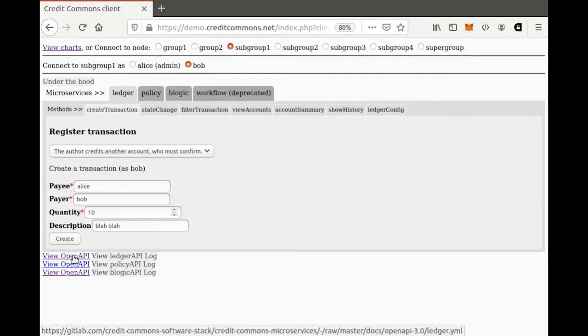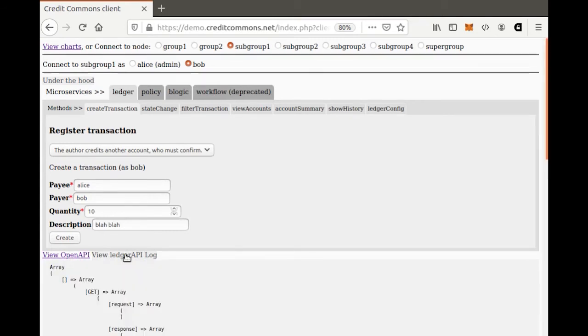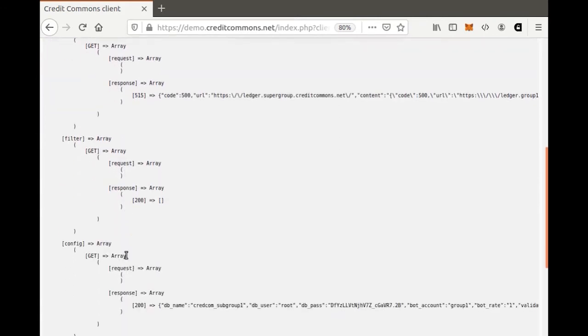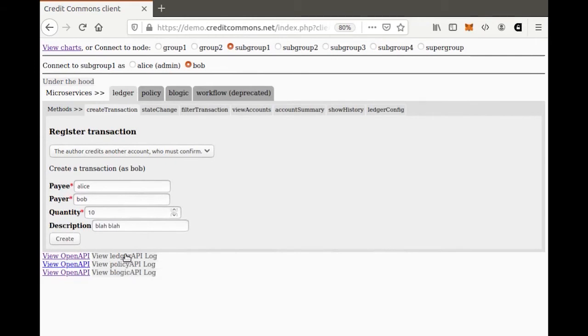You can click and see that on GitLab, but you can also have a look at any previous requests that this system has made. So it's logging all the requests and all the responses. So you can see the raw JSON objects and REST requests and responses if you want.